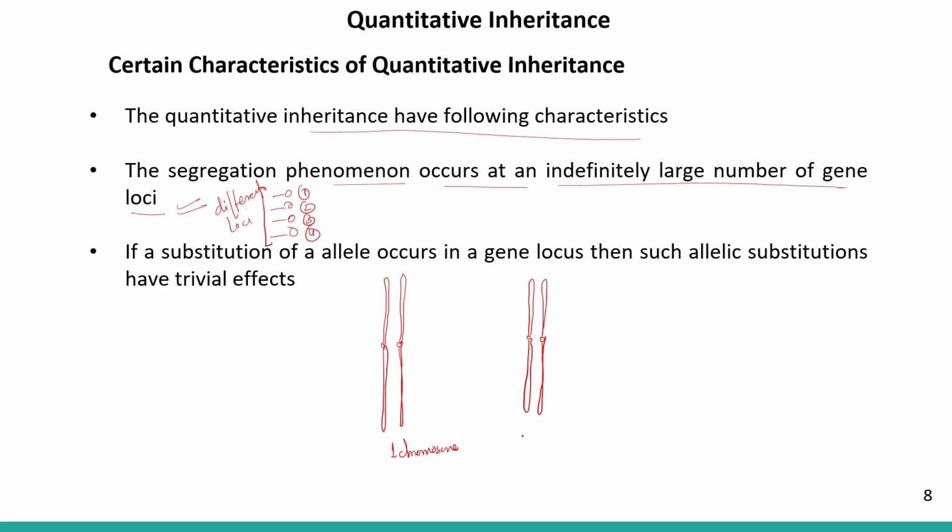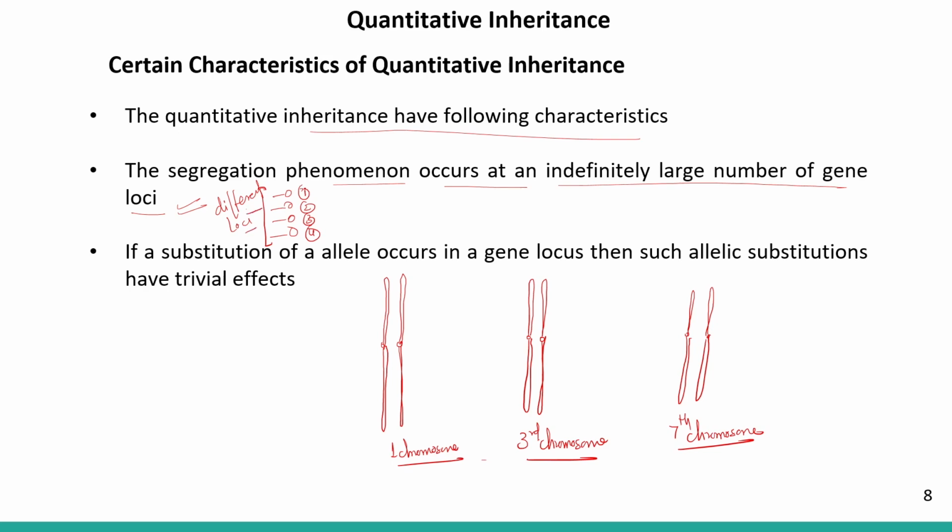And suppose I'm taking one more chromosome, say the 7th chromosome. These different loci are located at different positions.